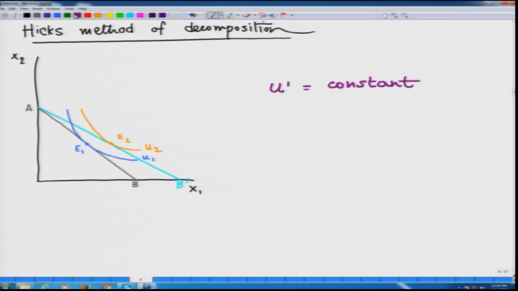That means we have to create a new budget line whose slope is going to be the relative price ratio of the new budget line AB prime, but as money is going to be deducted, this will shift inward parallelly. So, this is the new budget line.